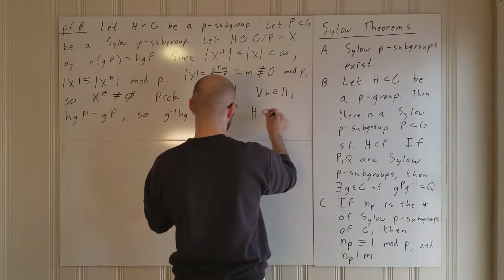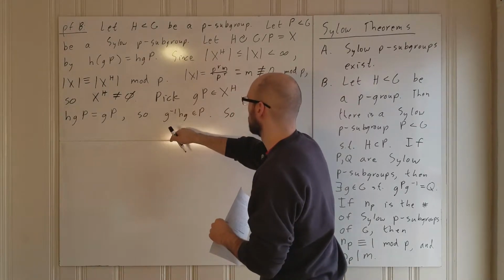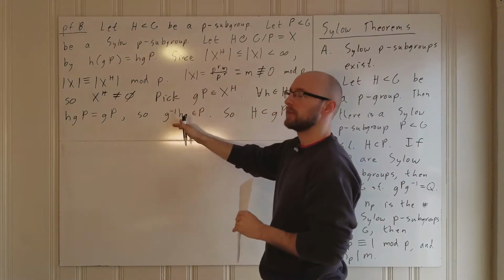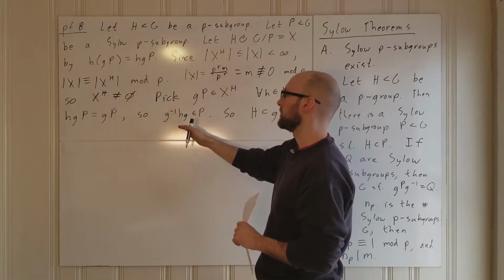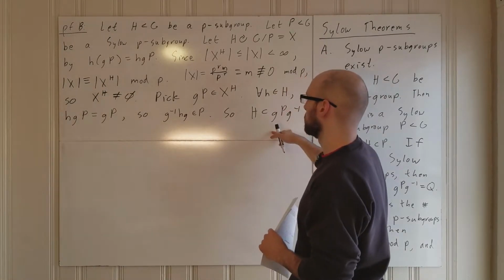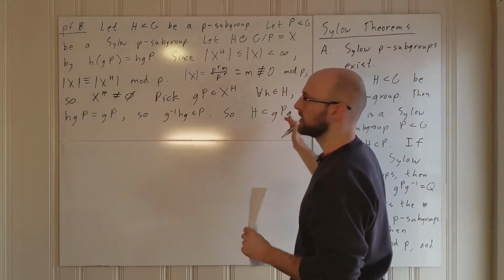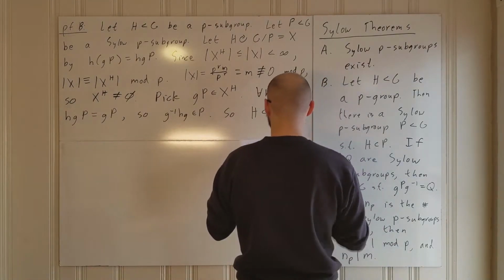So h is contained in gpg inverse, because this holds for every single h in big H, and so g inverse Hg is contained in p, and just multiplying on the left and right gives H is contained in g times p times g inverse. Okay?